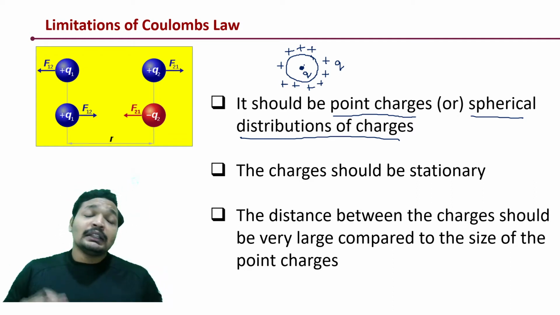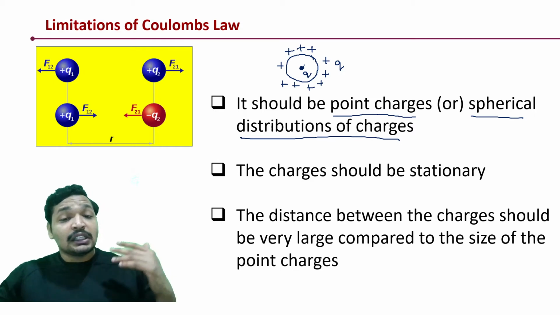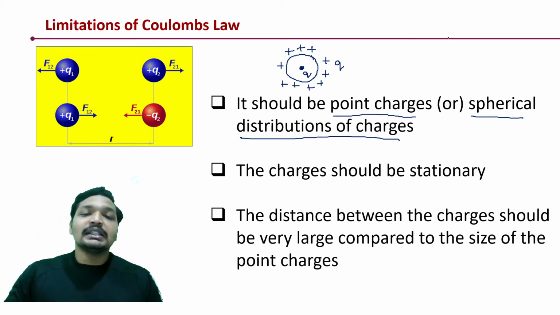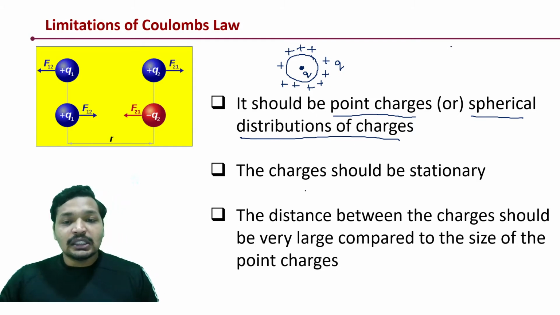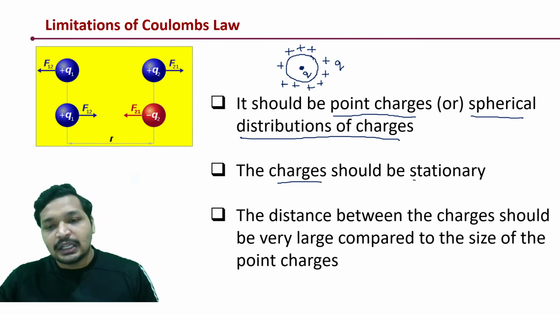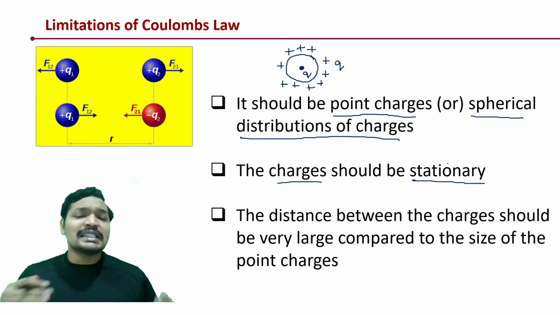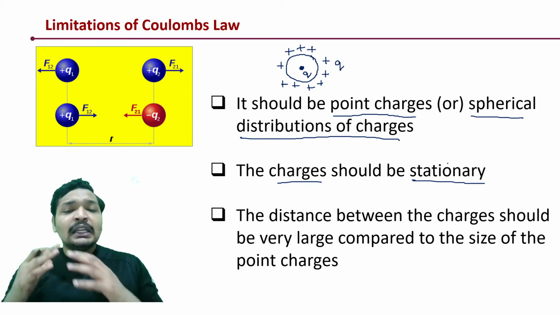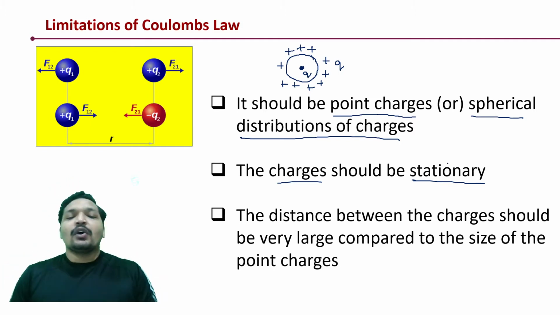Then it says that the charges should be stationary. We are dealing with electrostatics. In this case, the charges should be stationary, and the distance between the charges should be very large compared to the size of the point charges.